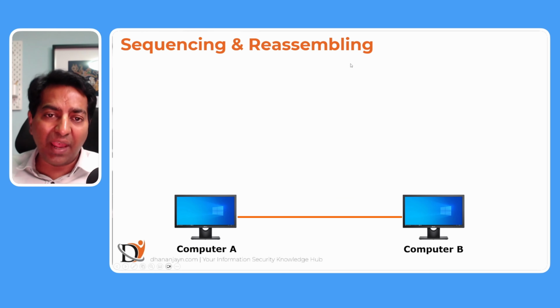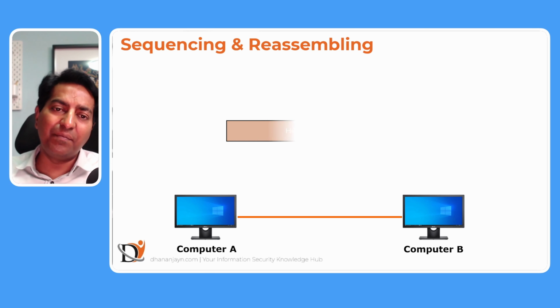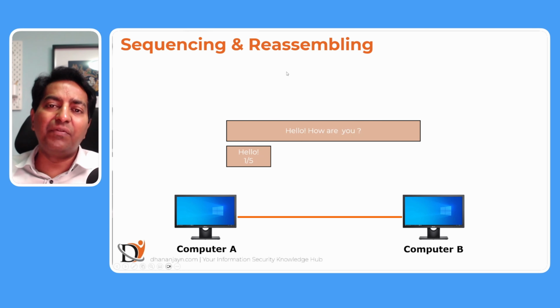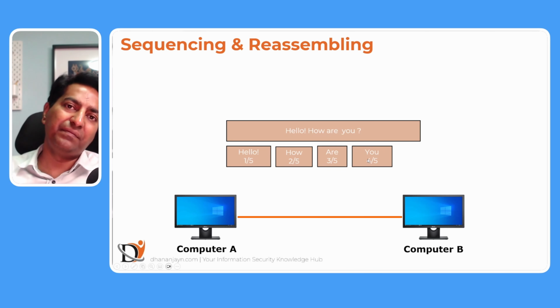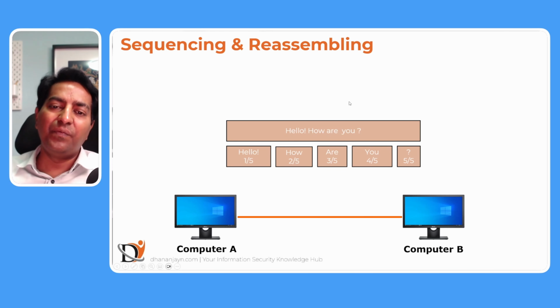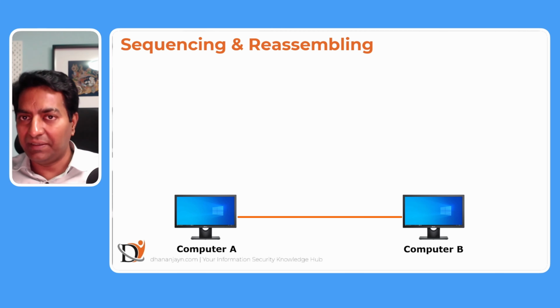So, what happens here is the computer sending the message will first segment the data, and after this is segmented, it will be sequenced in this fashion. Now that the data is segmented, it is being sent.